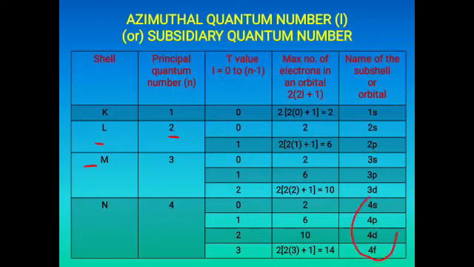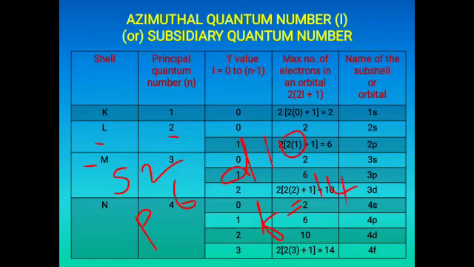Fourth orbit will have 4 subshells, SPDF. S subshell will have 2 electrons. P subshell will have 6 electrons. D subshell will have 10 electrons and F subshell will have 14 electrons. So these are the details given by the azimuthal quantum number.